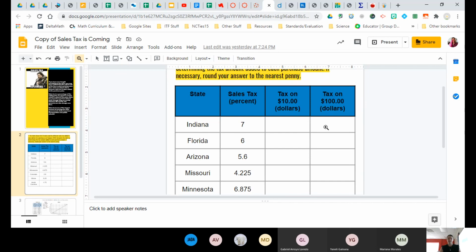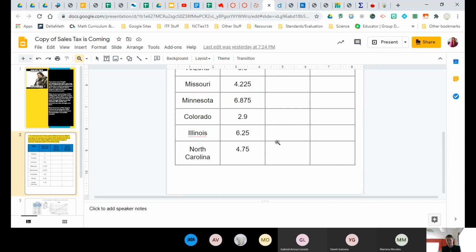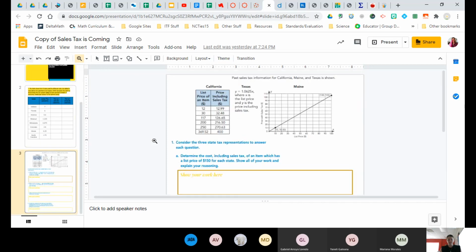How much tax would you pay for a $100 item? So I don't want the total, I just want the amount of tax. So that is going to be 7% times whatever the dollar amount is, and tell me what that total is. Okay, so that's the first table, or the first page.